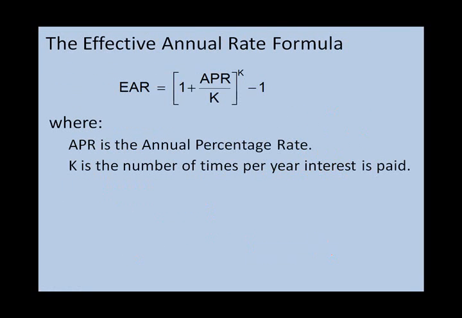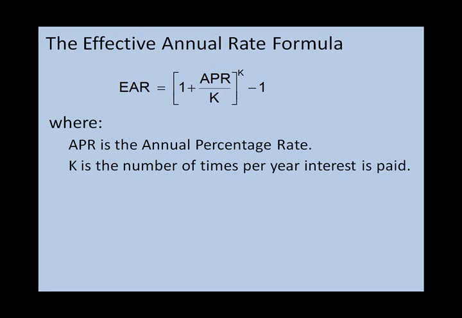We actually have a formula for the effective annual interest rate. It may look worrying to start with, but the effective annual interest rate is equal to 1 plus the annual percentage rate divided by K, where K is the number of times per year interest is paid.